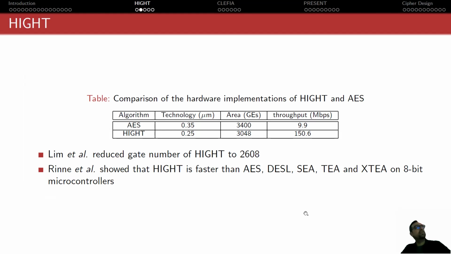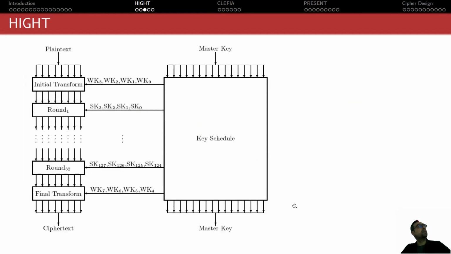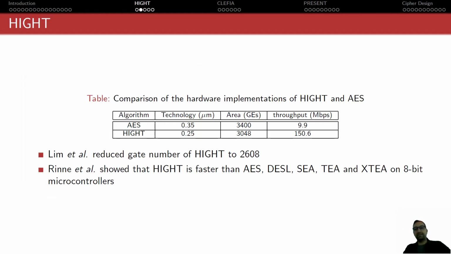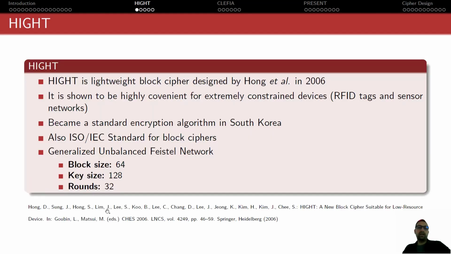So at the time, it was a good option, but nowadays I don't think that anybody is using it, maybe in South Korea. But anyway, there are many attacks that almost break the whole cipher. In my master's thesis, since this is 32 rounds, I remember that I broke 26 of them in a single key setting, and 31 rounds in the related key setting.